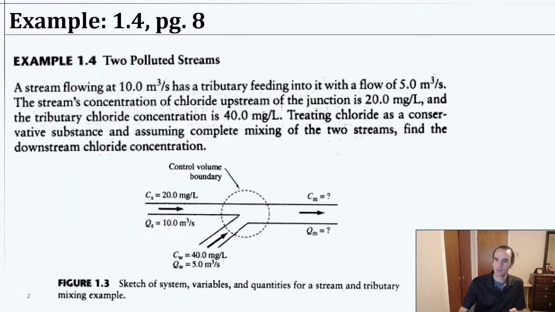Okay, so then we took a look at this practice problem here. We had a stream flowing in. I had you guys begin to solve this last time, so what I'll do with you real quick is work through that. Here we have this control volume boundary. We have two inputs. The input rate is probably going to be a mass or maybe a concentration per time.